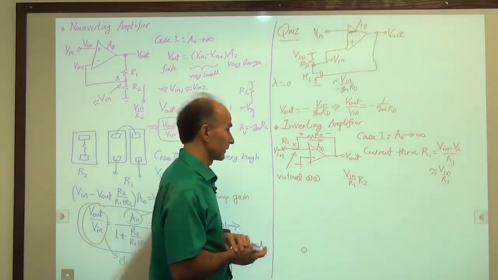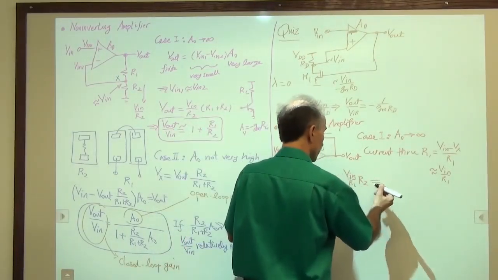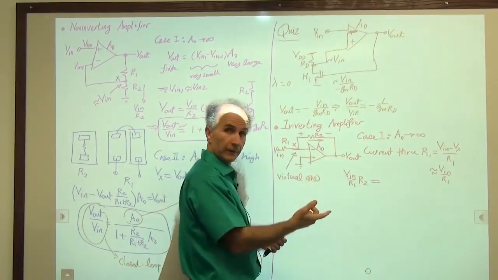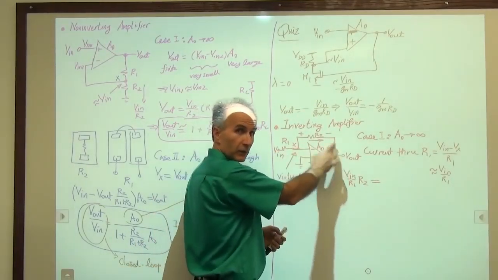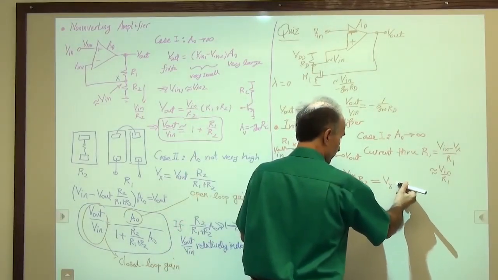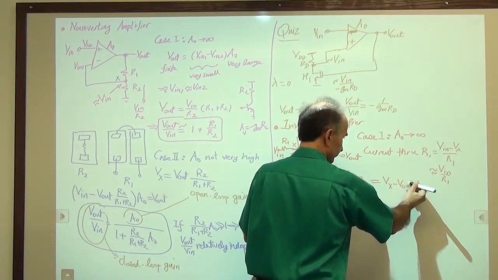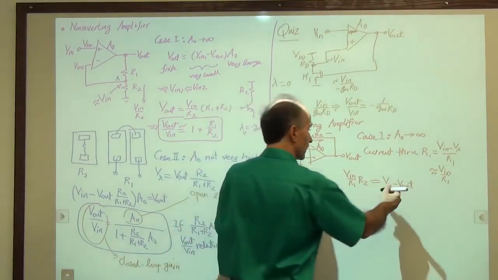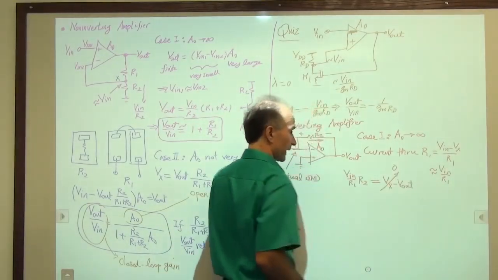Okay, all right. So that voltage should be equal to this voltage minus this voltage, right? That's what we said. This voltage minus this voltage over this resistance is the current. So that should be equal to Vx minus V out. Vx is close to 0, so let's not worry about that.